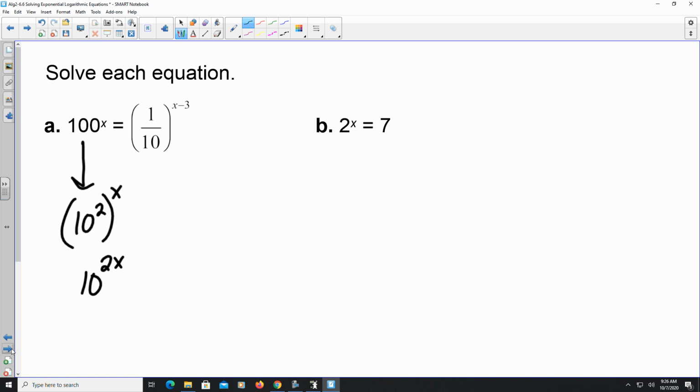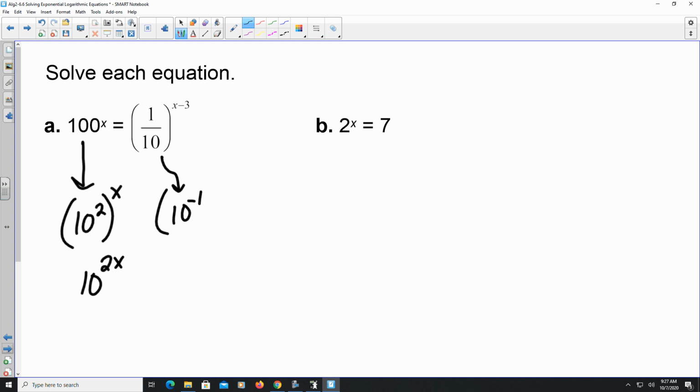Looking on the right-hand side, because I already have 10 and it's in the denominator, I can change that to 10 to the negative 1. Because 10 to the negative 1 means that if you put it in the denominator, it would be positive, and 10 to the first is 10.